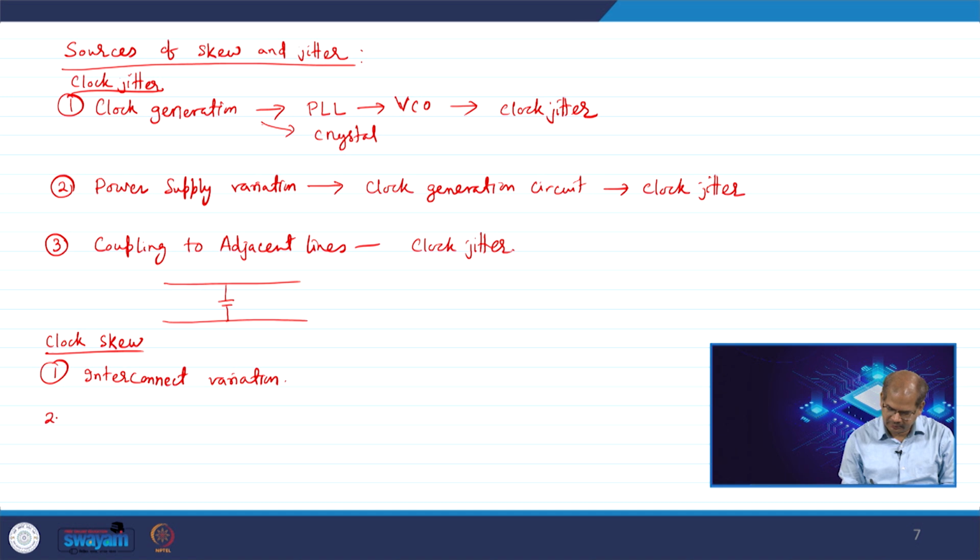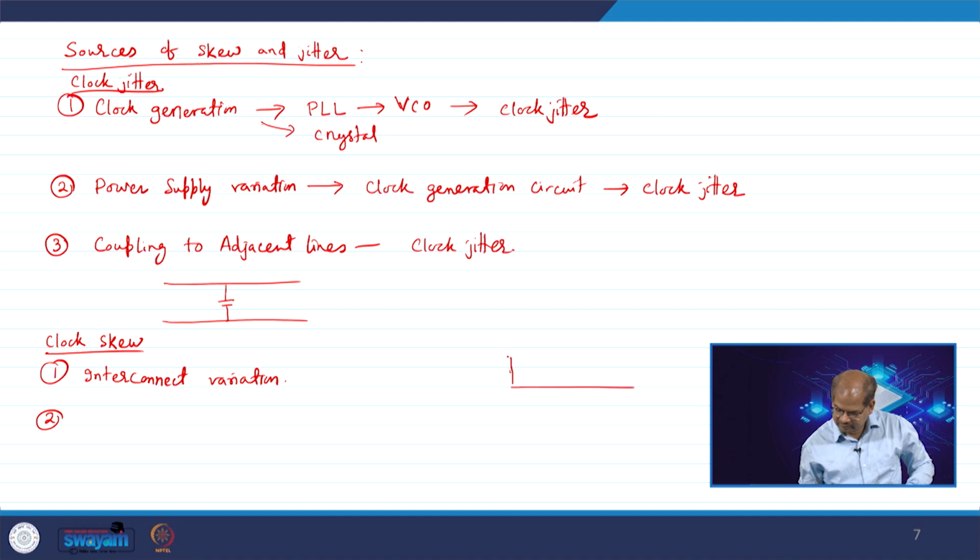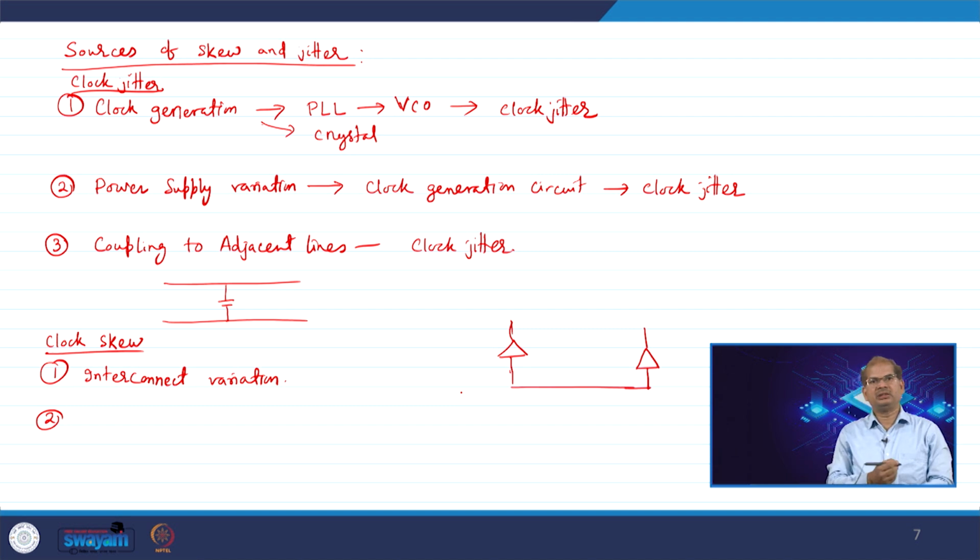Then if you have a buffer, the buffer will also vary. Let us say I have a clock distribution network, with a buffer here and a buffer here. Both buffers, even if they are on the same chip, will also vary.